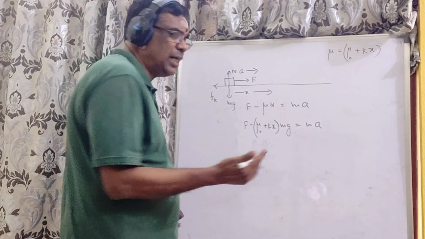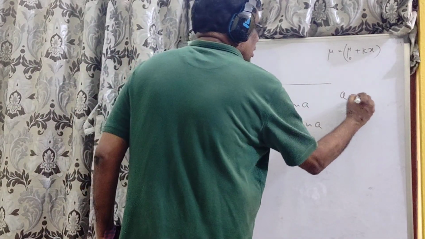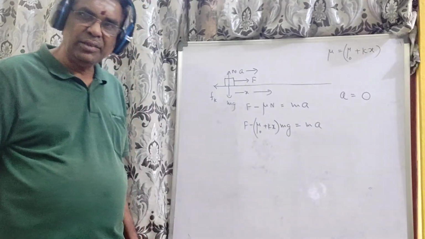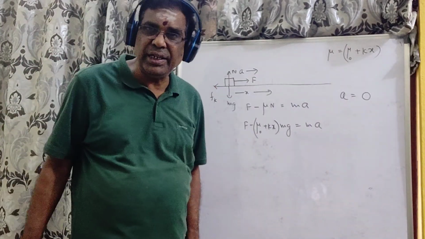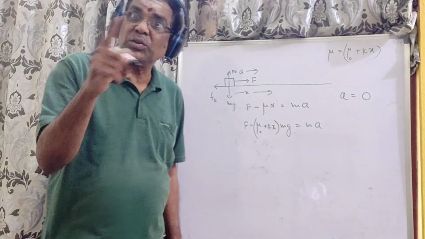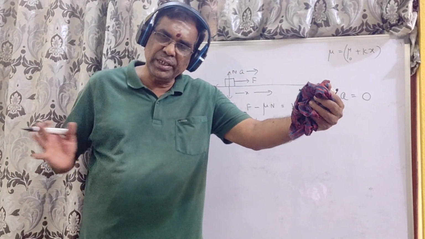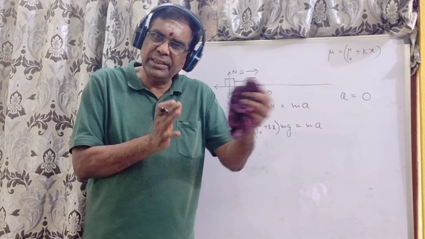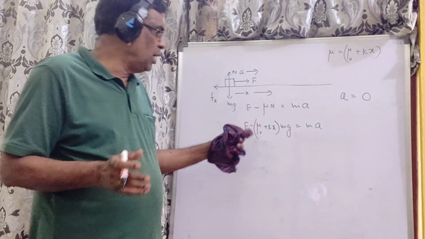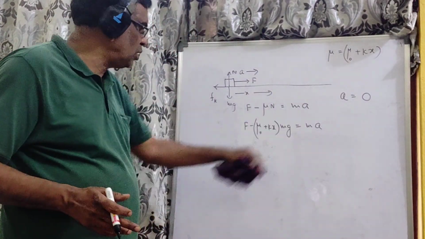So there is a stage when A becomes 0. Why? F is not varying, but the frictional force is increasing. Initially F is more, so it is accelerating. At one stage these two become equal, and that is when A is equal to 0.